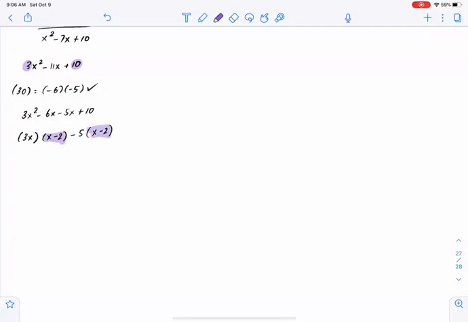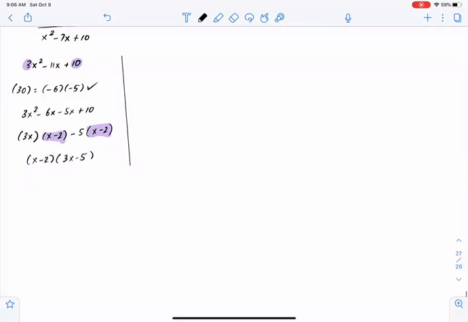So x minus 2 is in common. So x minus 2 times 3x minus 5. That is the factored form of the numerator.